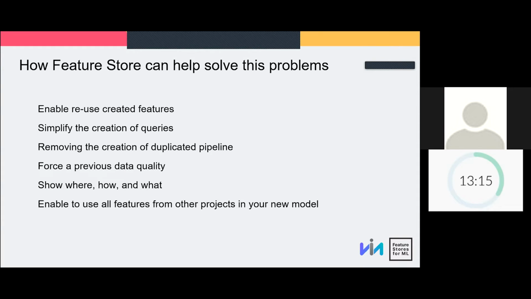The next one is the part that forces a previous data quality to enter the feature store. So there are some previous adjustments that you need to do before using the feature store.